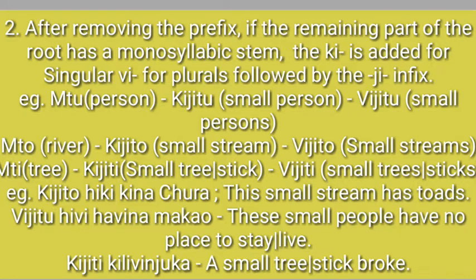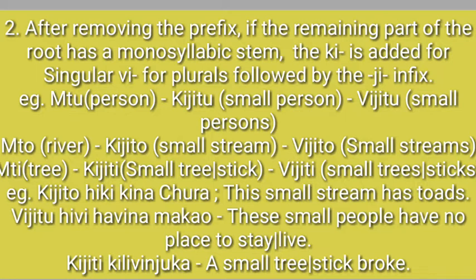Number 2, after removing the prefix, if the remaining part of the root has a monosyllabic stem, the ki is added for singular, vi for plurals, followed by the g infix. If it is a monosyllabic stem, meaning it has one syllable.